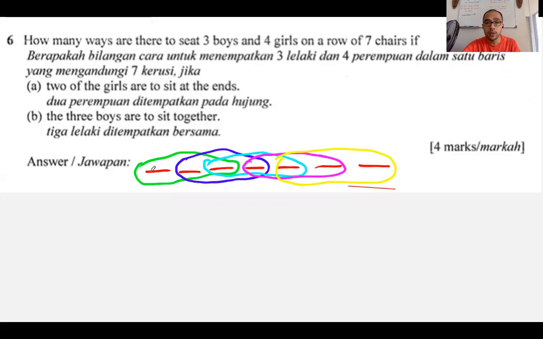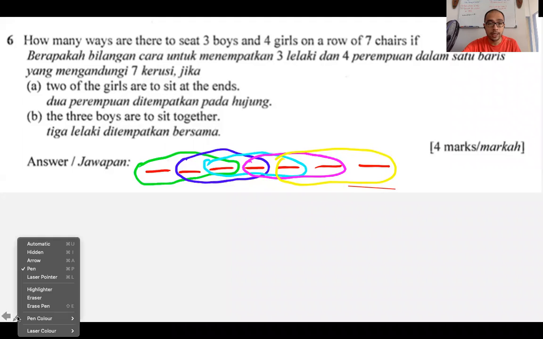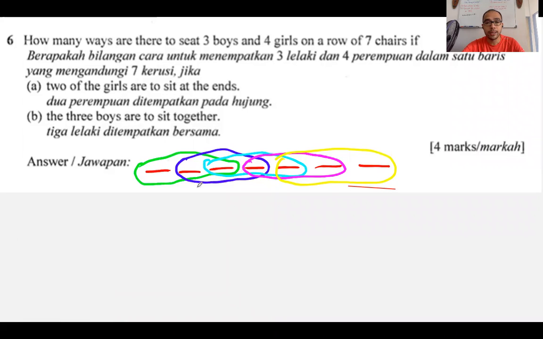Okay, so since there are 5 ways of doing this, let's just consider the first way first lah. Okay, cara yang pertama adalah the 3 boys sit over here, which will be 3 factorial.